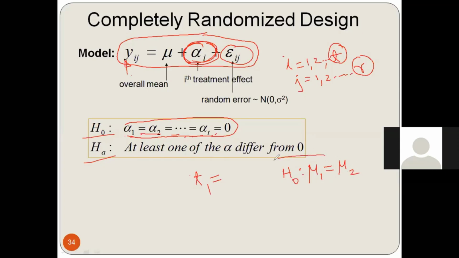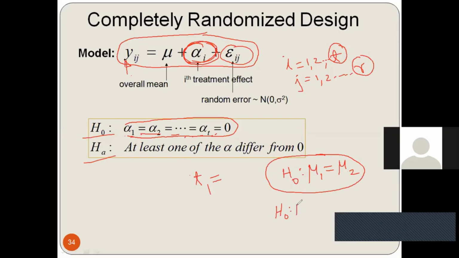Yes, in the pooled t-test, that is the case. So if you have three treatments, our null hypothesis goes further: mu1 equal to mu2 equal to mu3, etcetera. The same thing has been given here.